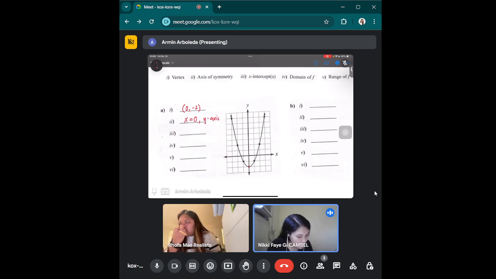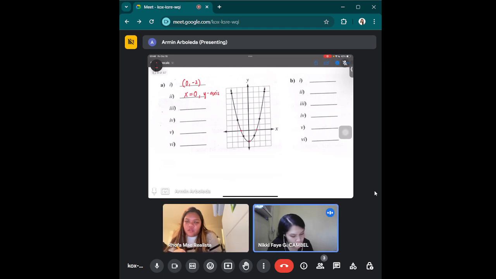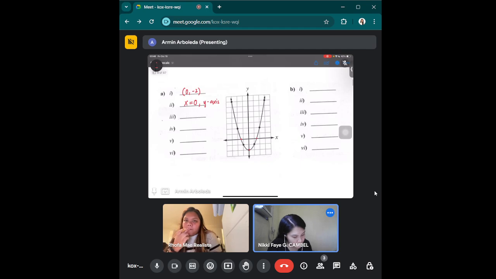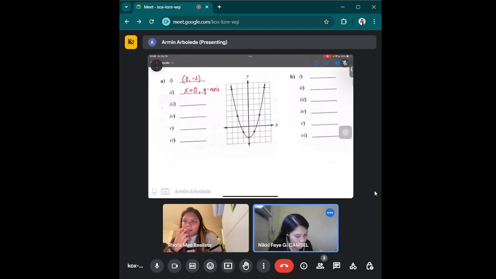How about the intercepts? Do you think we could solve for this one? Yeah, I think so. Kasi yung x-intercepts natin dito. You already have the vertex. Then you can write a positive equation for this one.